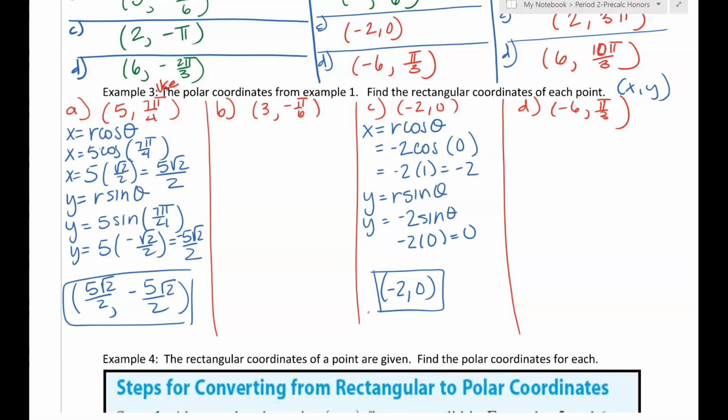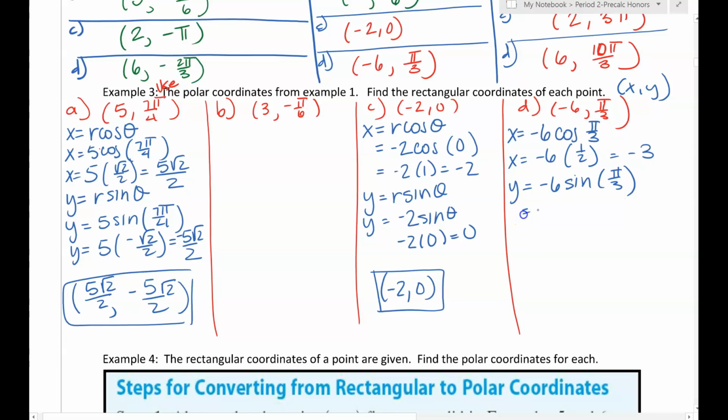All right, now I'm going to do D because remember your job was to do B. So x equals r cosine of theta. r is negative 6, cosine of pi over 3. Then x equals negative 6 times cosine of pi over 3, which is 1/2. So that will give me a negative 3. y equals r sine of theta. r again is negative 6, sine of pi over 3.